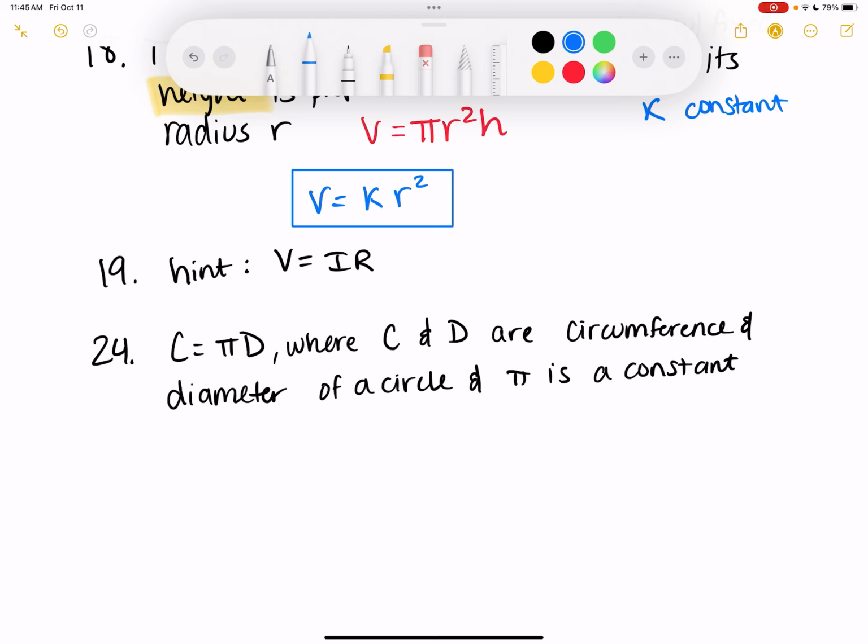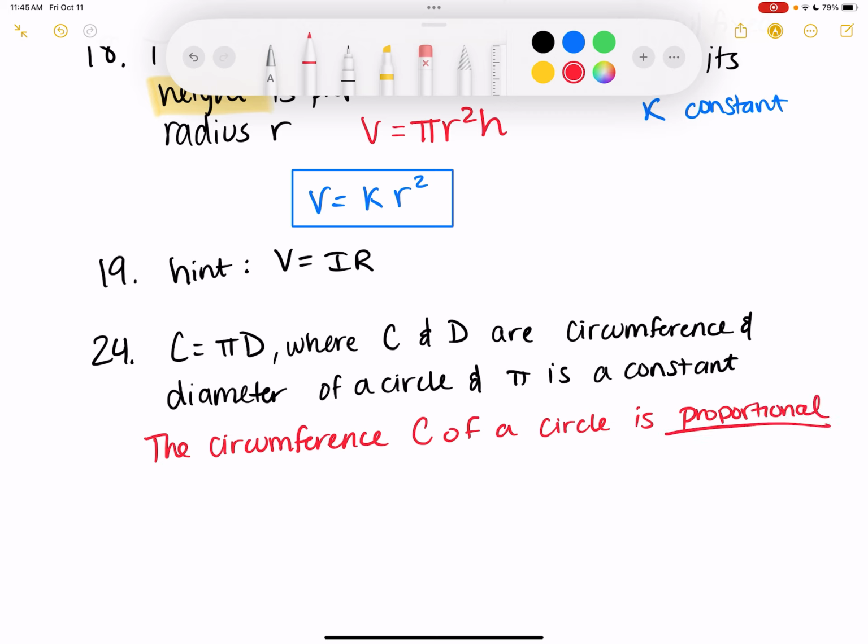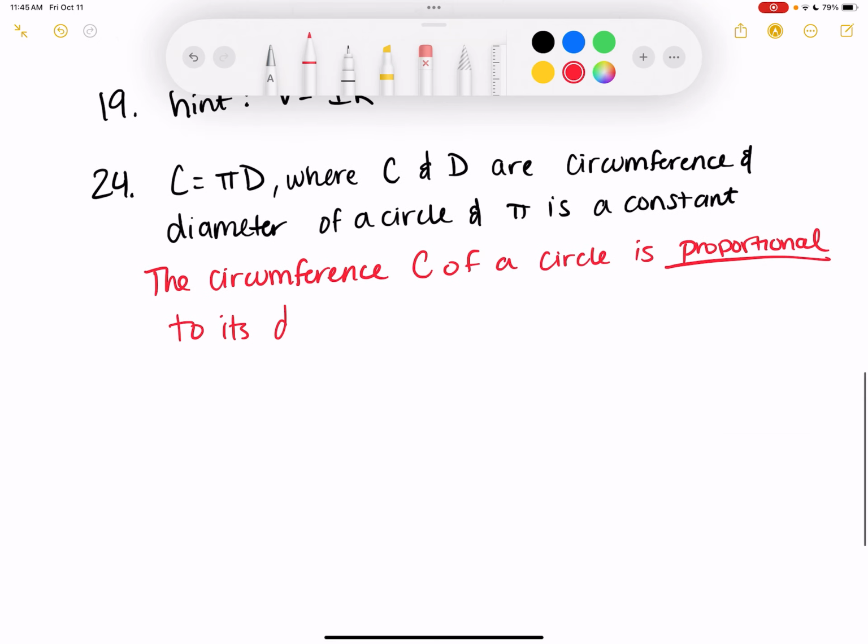So C related to D, I would say the circumference C of a circle is proportional to its diameter d with constant of variation pi.